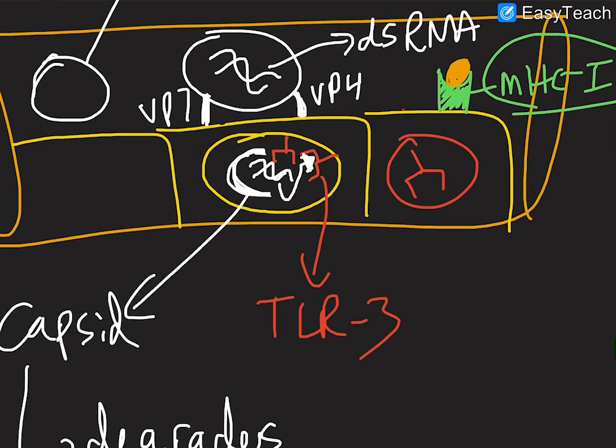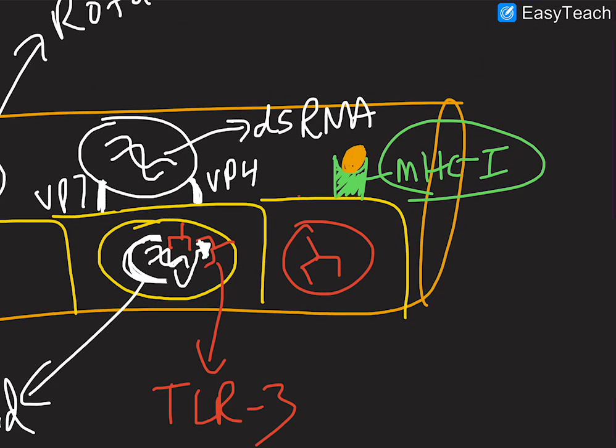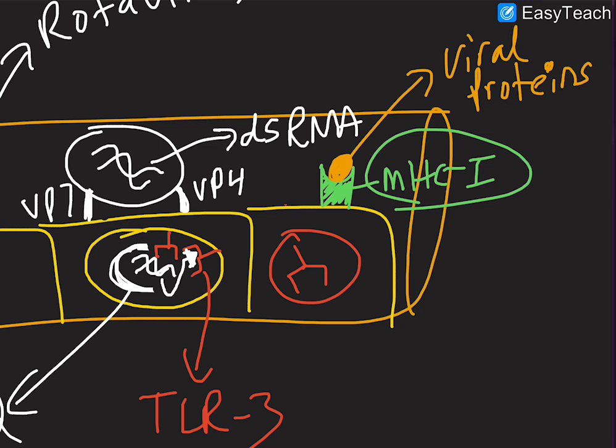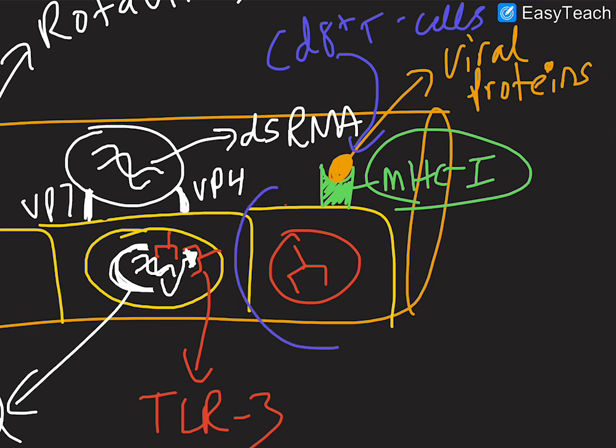So that's actually a good thing, because when the viral proteins get expressed on these MHC class 1 proteins, remember, these are the viral proteins I'm talking about, in this case parts of the rotavirus, CD8 positive T cells can come in and recognize those viral proteins and help destroy this epithelial cell so that the virus can get contained inside that cell and not spread.